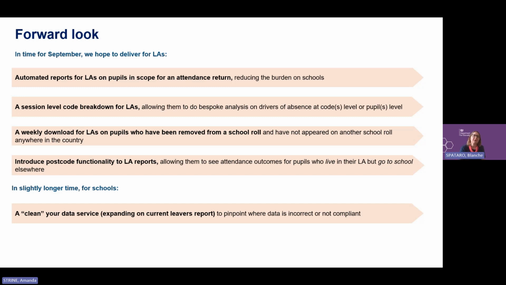Looking a little bit further ahead, we're also working on a new tool for schools called the Clean Up Your Data service, and this will help schools identify where data might be incorrect or non-compliant. As always, we'll get in touch with you by email to let you know when these updates are made available.